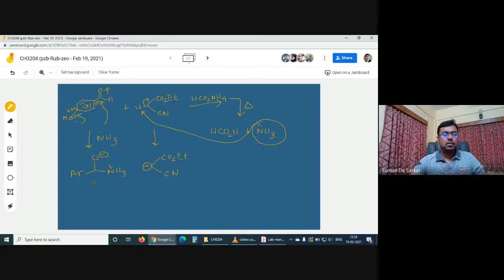Of course, ultimately there is a proton transfer, giving OH, NH2, and again it donates and loses water. It will take one proton from the environment, minus water.